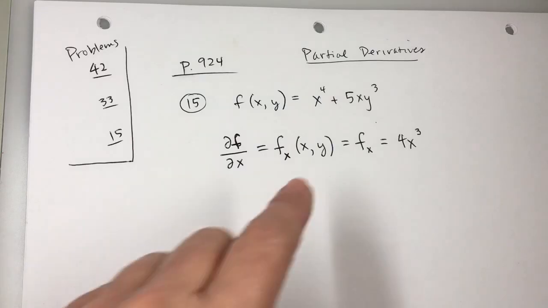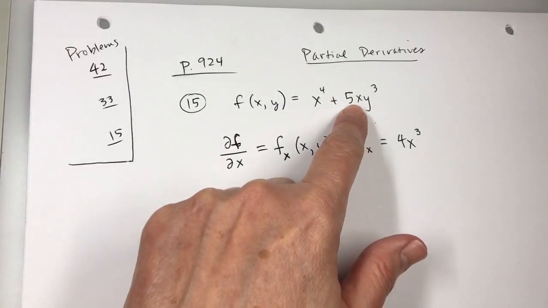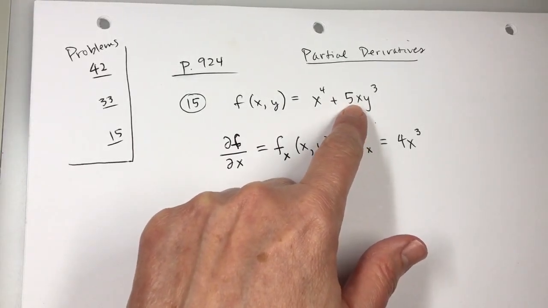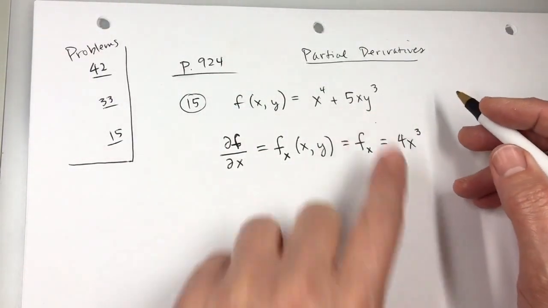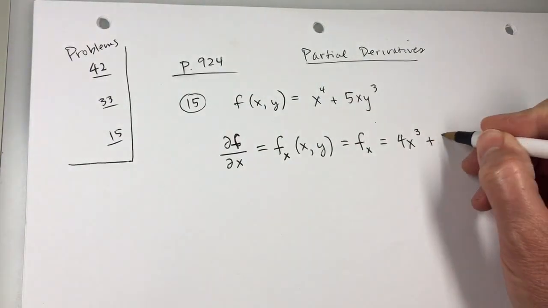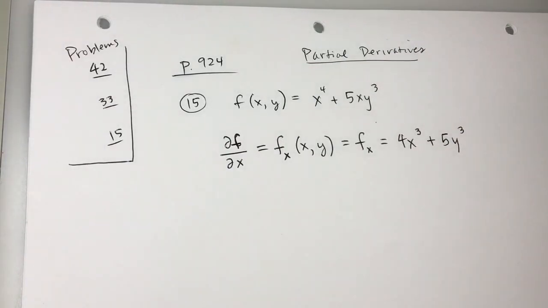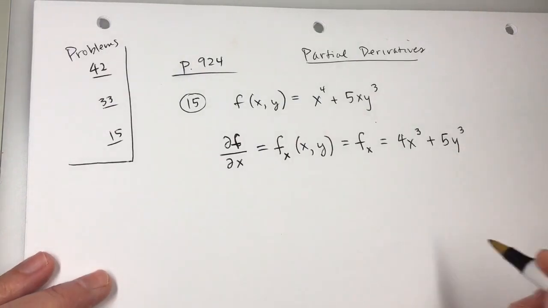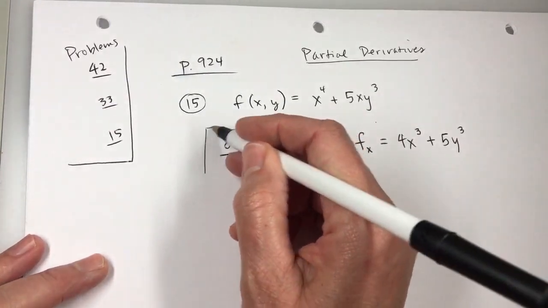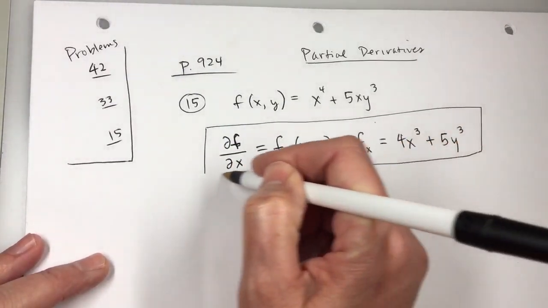If you wanted to picture that 5x grouped together, the derivative of 5x is 5. But y cubed is a constant. So this part is 5y cubed, because the derivative of x was 1, and when you multiply by 1, you get what you started with there, 5y cubed. So there's my partial with respect to x.